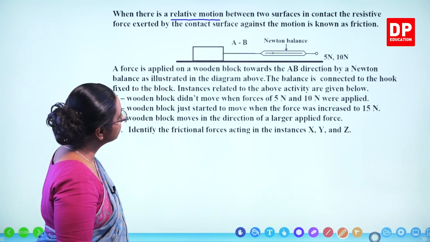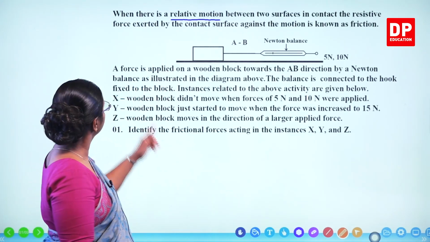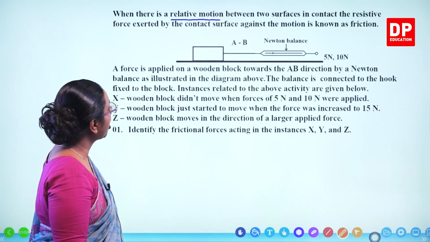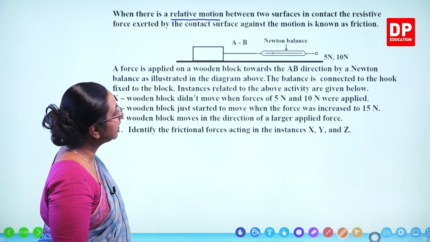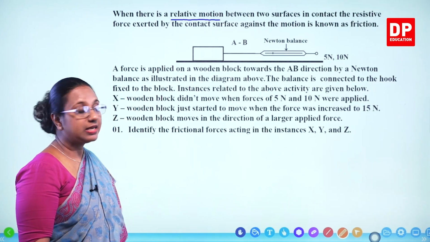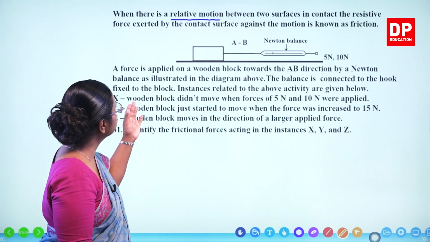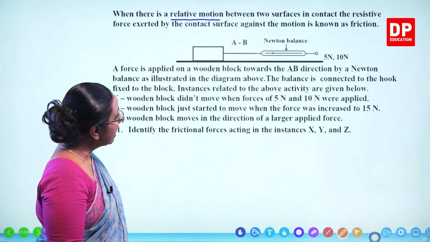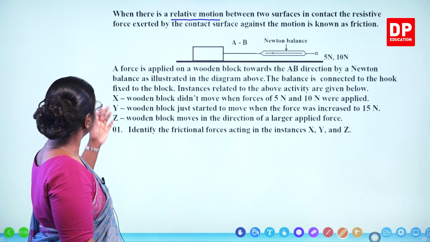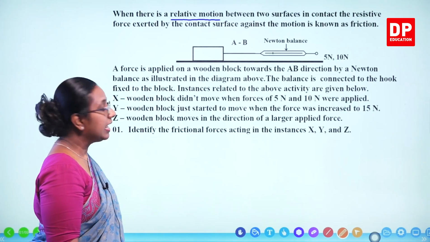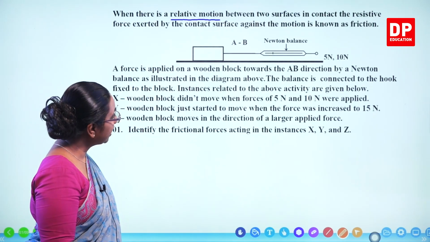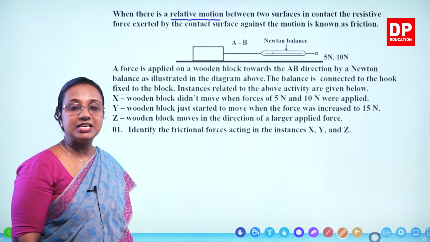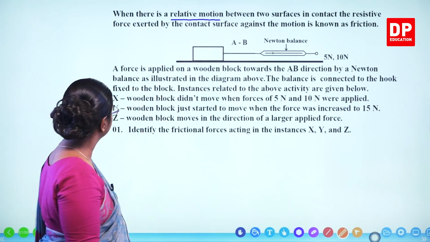We have discussed this activity. A force is applied on a wooden block towards the AB direction by a Newton balance as illustrated in the diagram above. The balance is connected to the hook fixed to the block. Instances related to the above activity are given below.